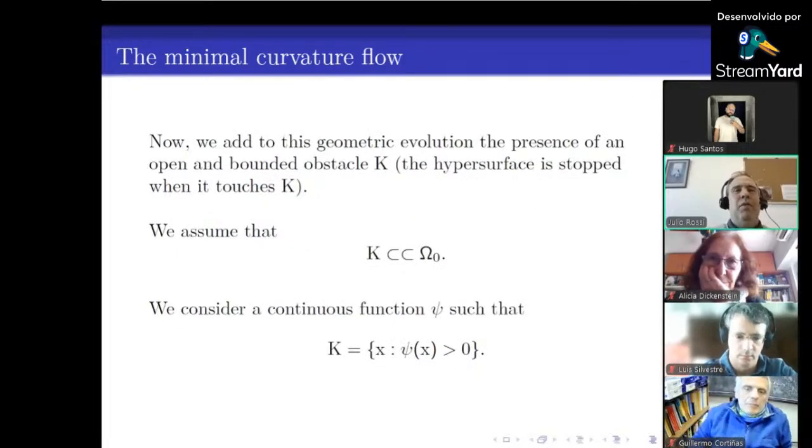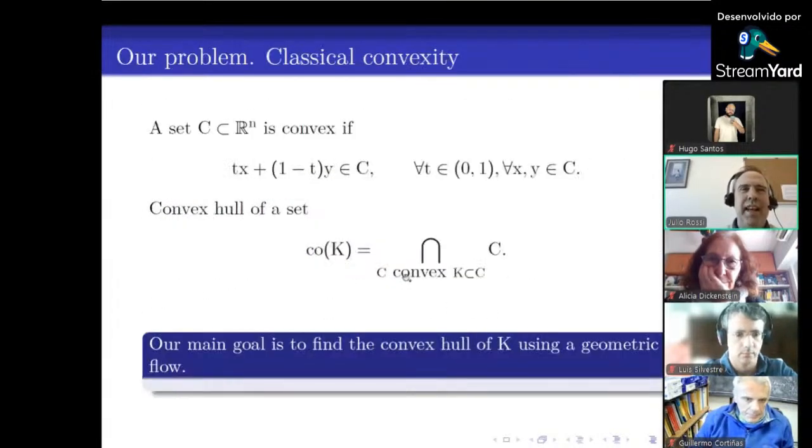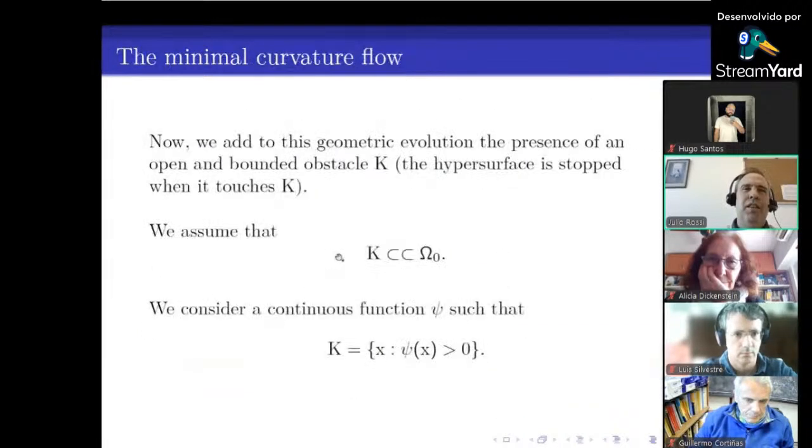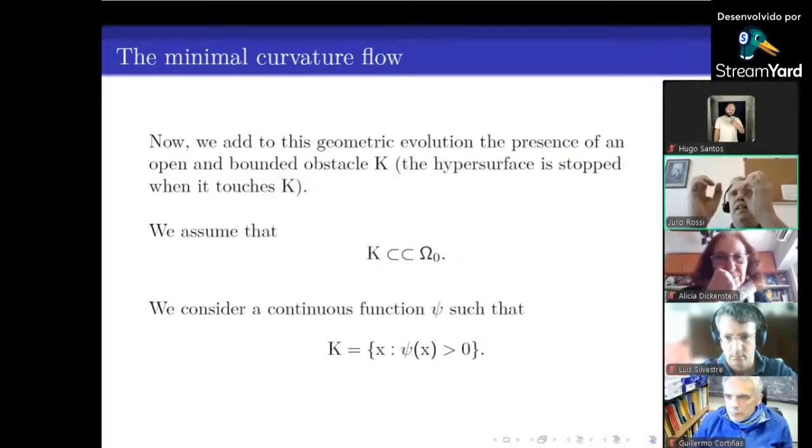Okay, now we have to add something because we want to obtain the convex hull of a set K. The set K is prescribed and fixed. So you add to this equation an obstacle. What is the obstacle? You take a set K that is strictly contained in the original set. So you're saying that the set K is surrounded by your surface.